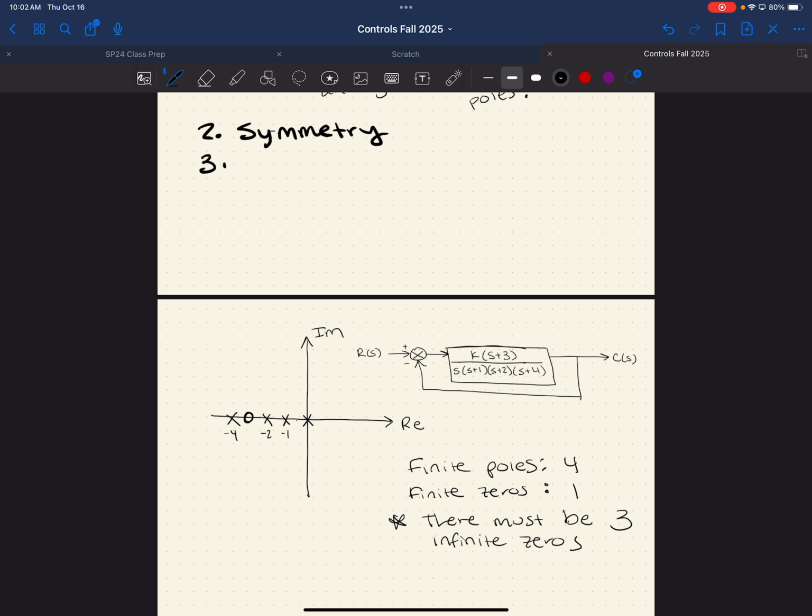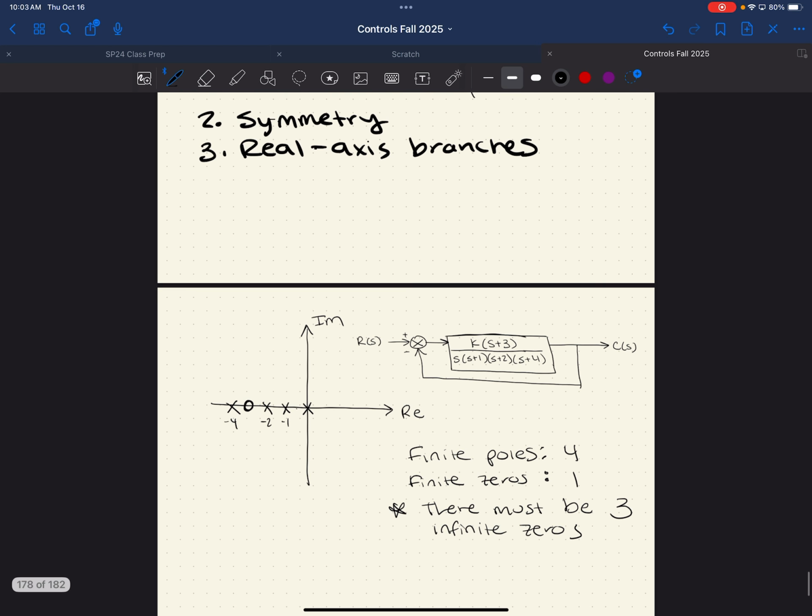Rule 3 tells us about our real axis branches. Our real axis branches exist to the left of an odd number of symbols. So should I draw it on this part of the real axis? Yes or no?